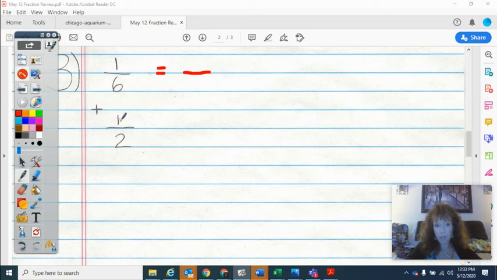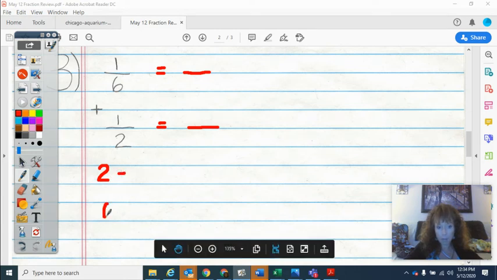And then I'm going to change 1/2 into something that equals 1/2, but it will have a numerator and denominator that are different. But I'm going to make these two denominators the same. And so how am I going to do that? I'm going to list multiples of 2 and multiples of 6.